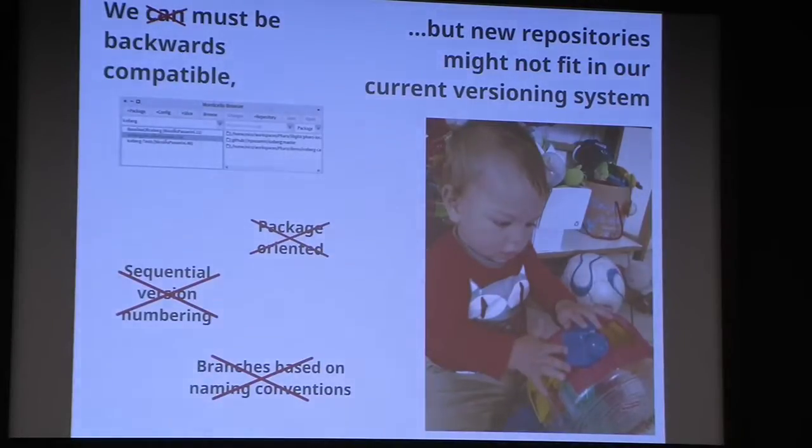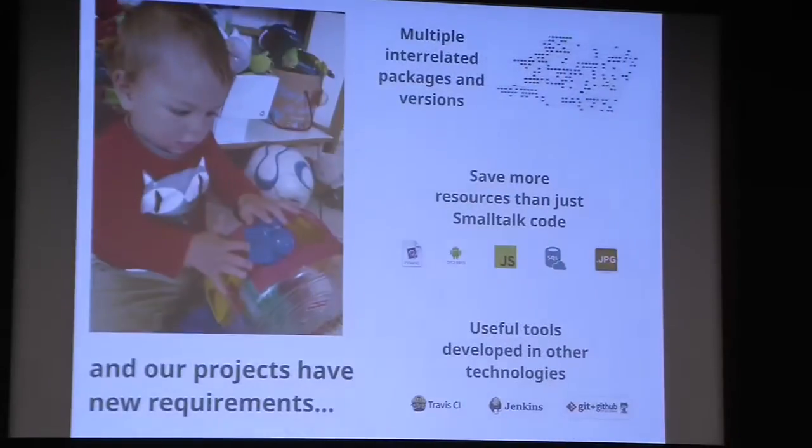Okay, so if we try to put Git into the tools that we already have, that won't work, or we would not be able to take advantage of all the possibilities it has for us. So maybe I have to do a little clarification. I think Monticello has been a great tool.